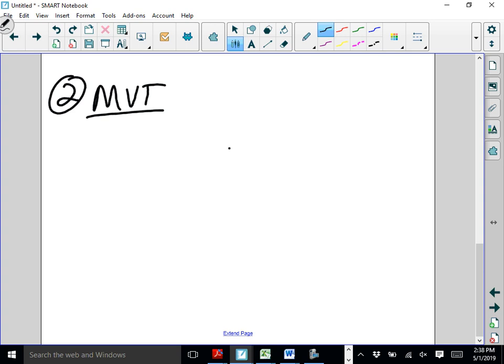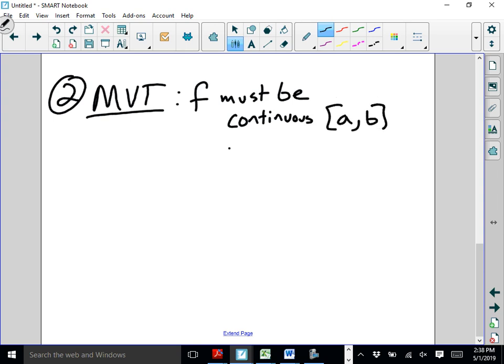F must be continuous on the closed interval AB, differentiable on the open interval AB.